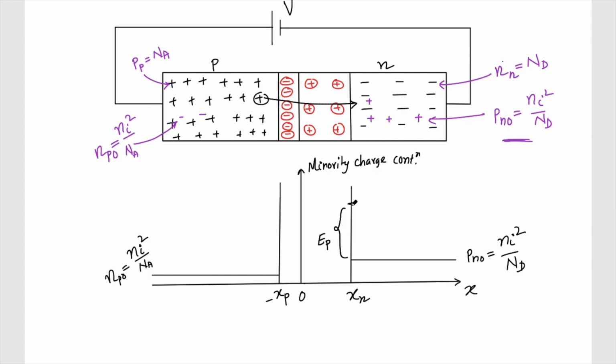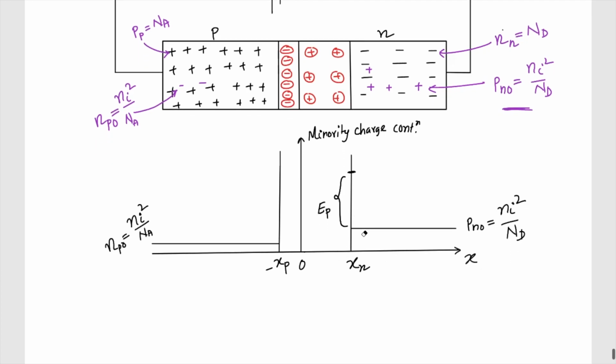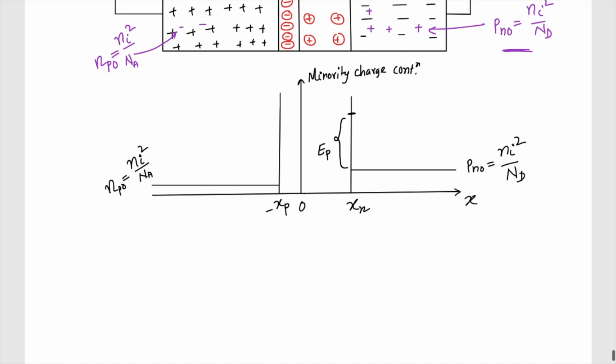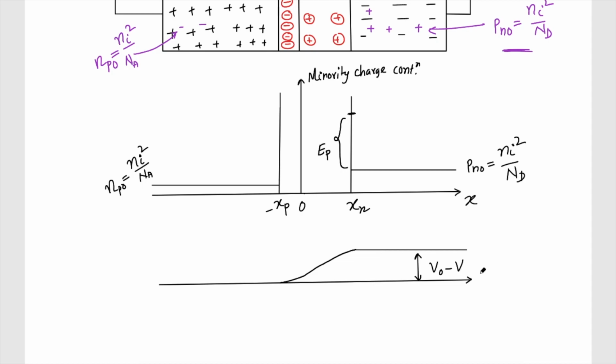We want to find out how much this excess is. Also, the barrier potential has reduced: for no voltage applied it is V0, and now it has become V0 minus V, because a forward bias voltage of V is applied.